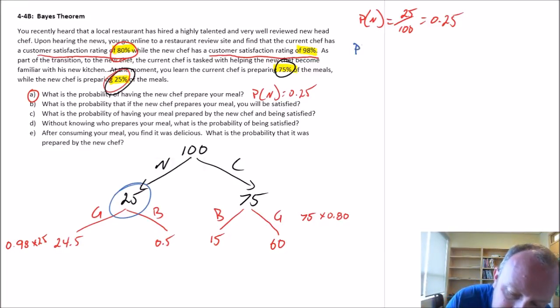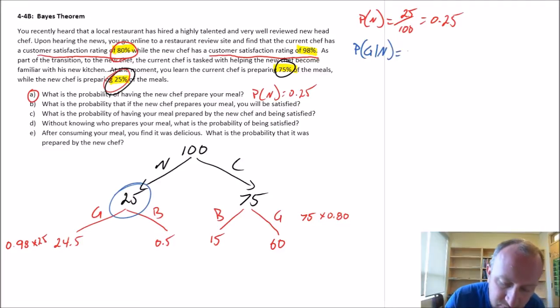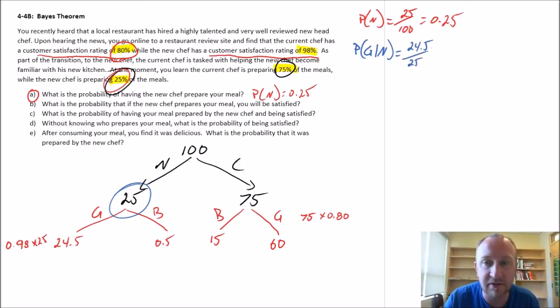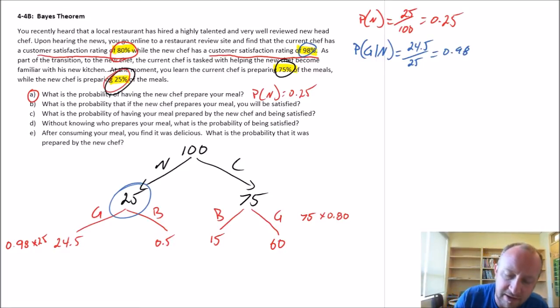That's the probability that it's a good meal, given that it's produced by the new chef. Well, 24.5 out of those 25 meals that he produced are good, and so this is our 0.98. Again, this one was relatively straightforward. It's given to us right there in the problem.